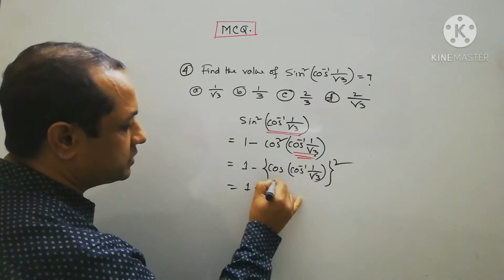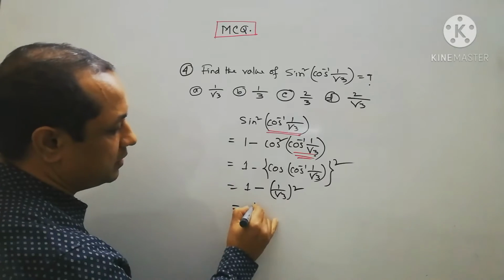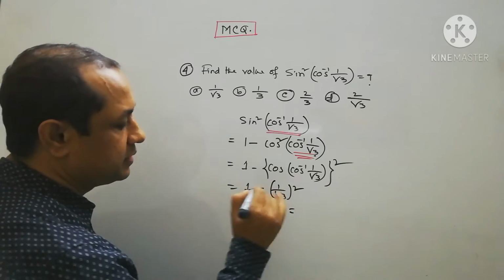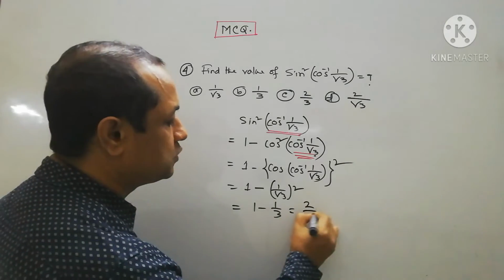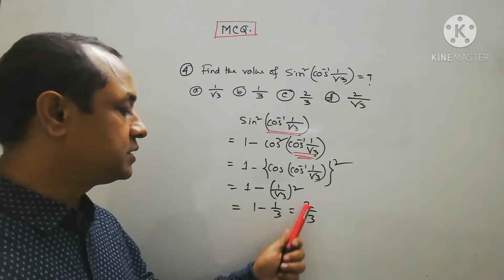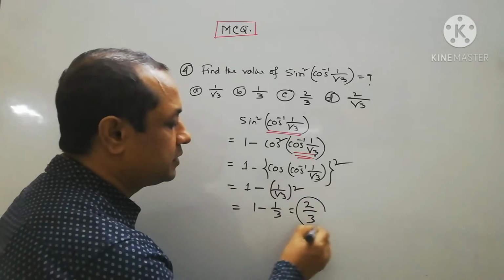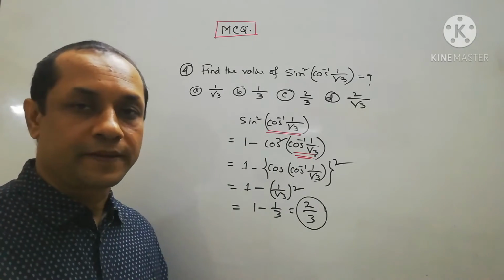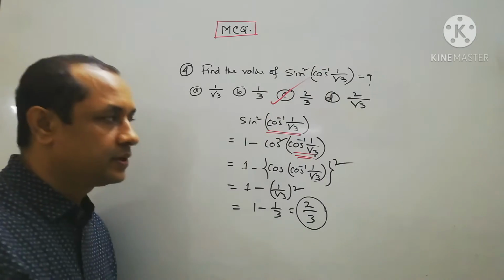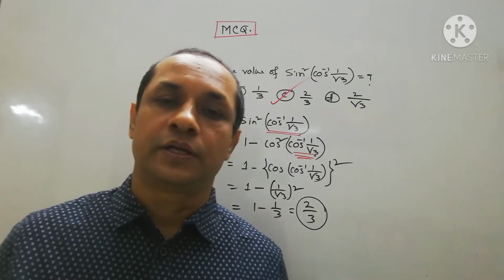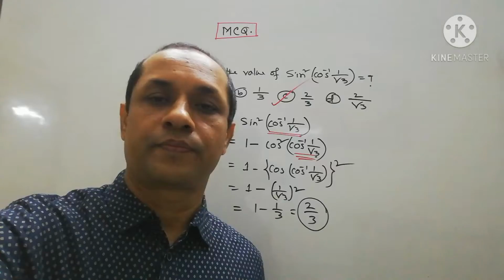So 1 by root 3 whole square. Now 1 minus 1 by 3. So student, here LCM, now we get 2 by 3, since 3 minus 1 is 2. So the result will be 2 by 3. I hope you are clear, student.